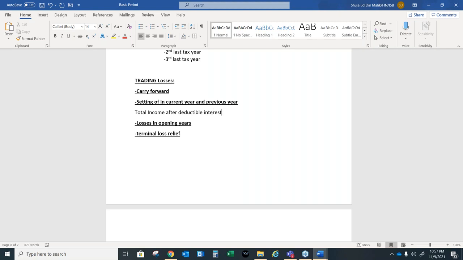So we set it off against total income after deductible interest with two tax years: the tax year of loss or the previous tax year, in isolation or in combination, in any sequence.